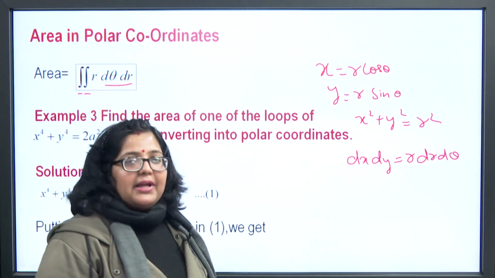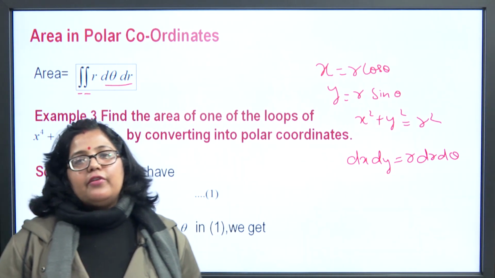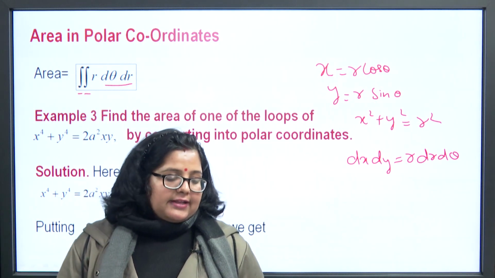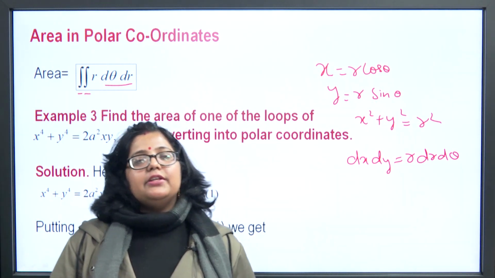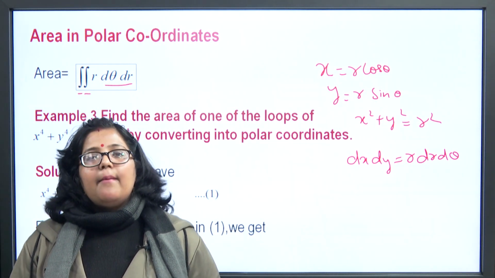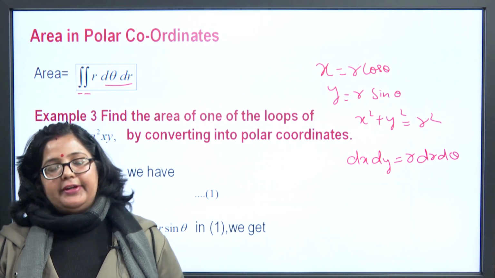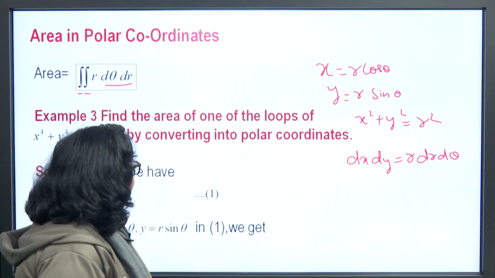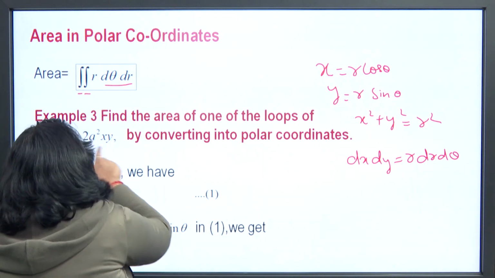So, let us go with an example. Find the area of one of the loops of x to the power 4 plus y to the power 4 equal to 2a square xy by converting into polar coordinates. Firstly, this is the equation.